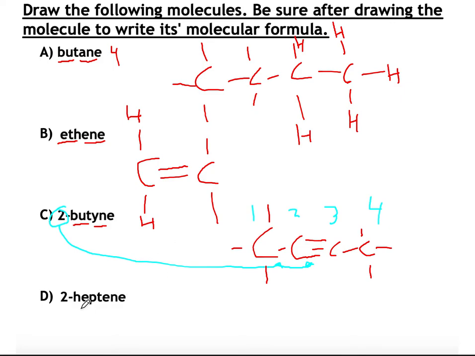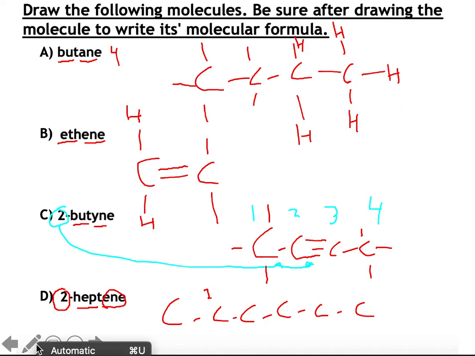Similarly, 2-heptene. That hept from table P tells us there are 7 carbons: 1, 2, 3, 4, 5, 6. We know that there's a double bond somewhere because of that ENE ending. And where is it? It's going to start at the 2nd carbon. So again, if we count from left to right, this is our 2nd carbon.